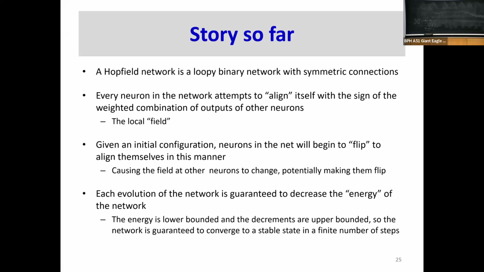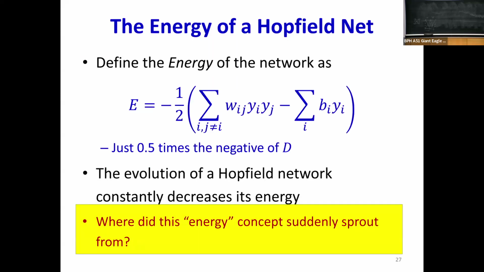Each evolution of the network is guaranteed to decrease the energy of the network. The energy is lower bounded, the decrements are lower bounded, so the network is guaranteed to converge to a stable state in a finite number of flips. Is this making sense to everyone? Okay. And that's what we found.